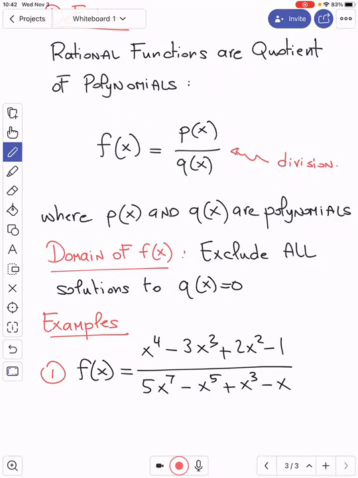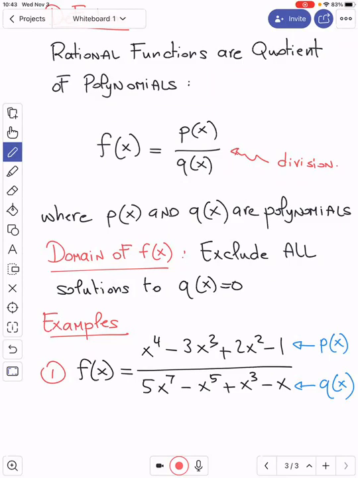As you can see, it's a quotient. We have this fraction. The top is your polynomial p of x, the polynomial in the numerator. In the denominator is my polynomial q of x. So it's p of x over q of x.